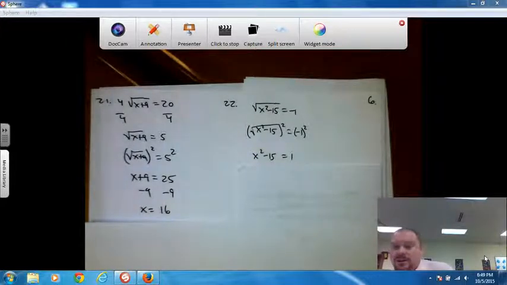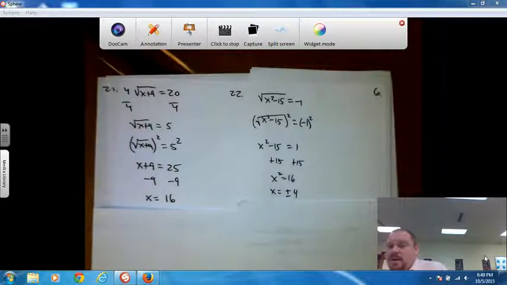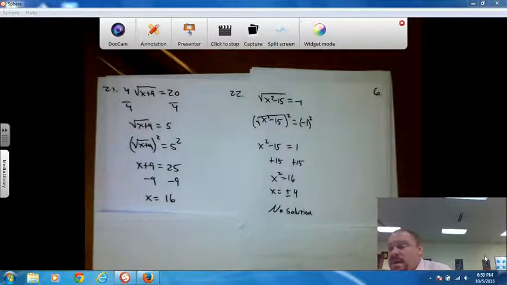You could add 15 to both sides to get 16. Square root of 16 is positive or negative 4. But when you plug that in, you get the square root of 1, which is not negative 1. So, sorry, that one has no solution, period.